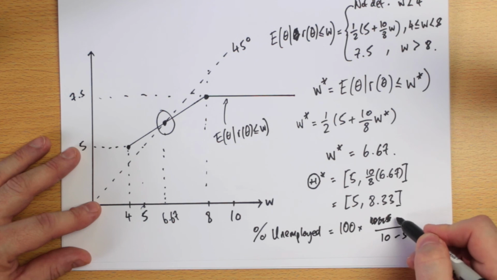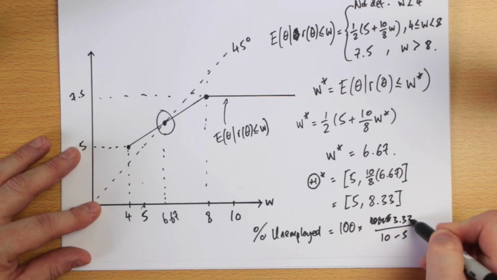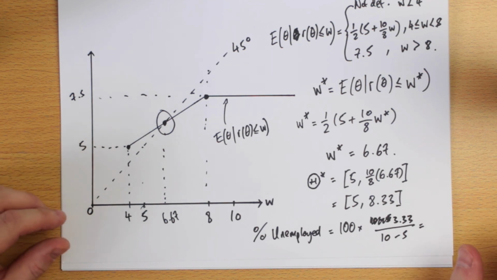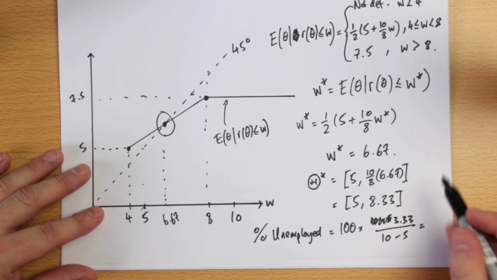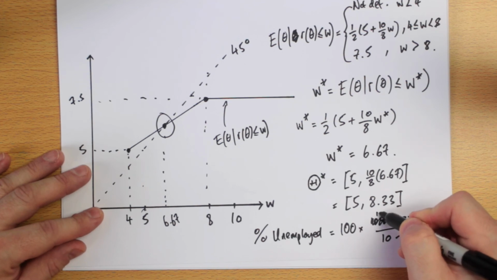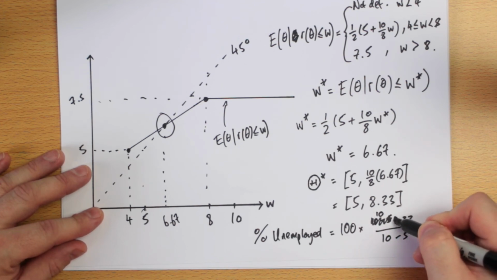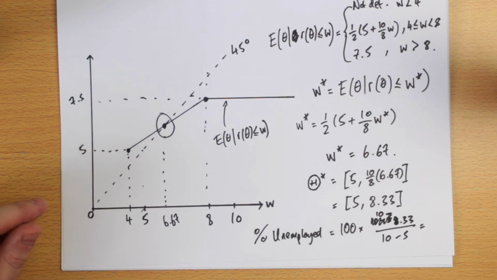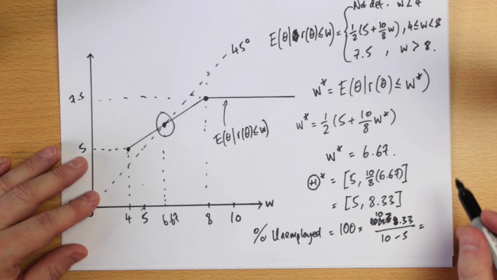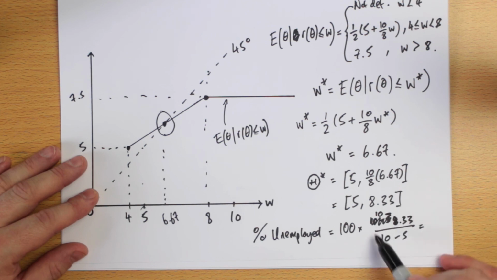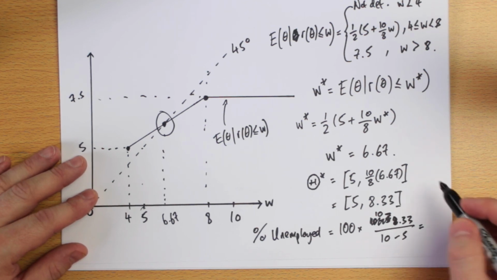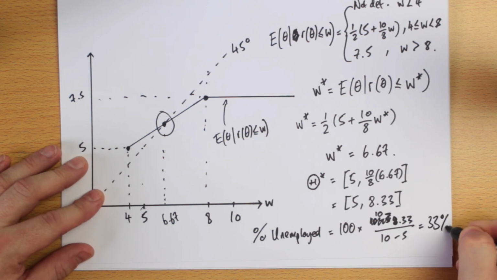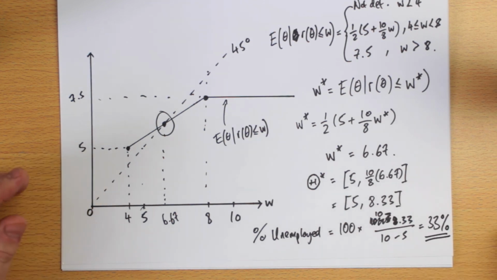And the length of the unemployed interval is 10 minus 8.33, the people who are not employed, which is 1.67. So if we do this exercise, you get an unemployment of 33%.